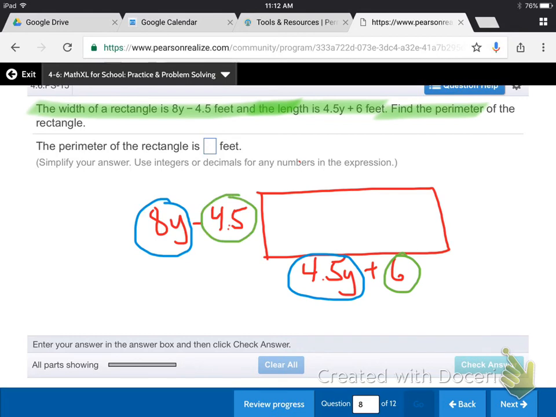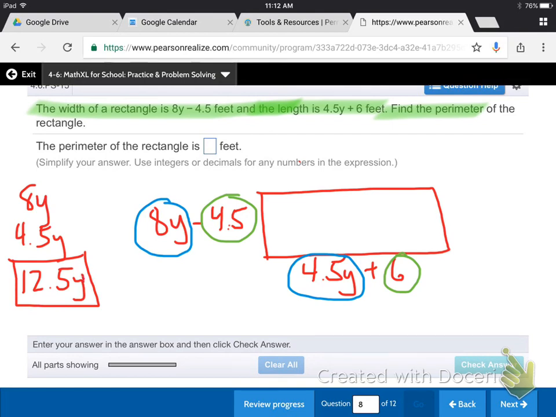And so, change colors back to red. 8y plus 4.5y is 12.5y. So that's going to be part of our answer.